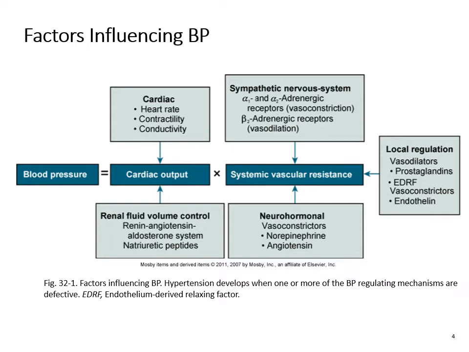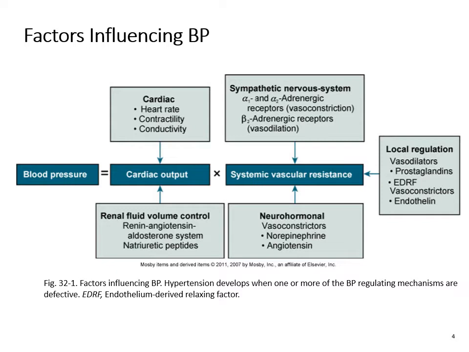The bottom box is just mentioning the vasoconstrictors we've mentioned, such as norepinephrine. Angiotensin II is a powerful vasoconstrictor in the system, so that'll raise blood pressure by having its effect on the vascular resistance. And then local regulation: these are all little chemicals in each little vascular bed, whether it's the little arterioles going to the kidney or the spleen.